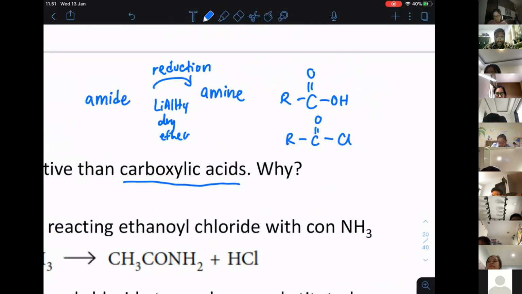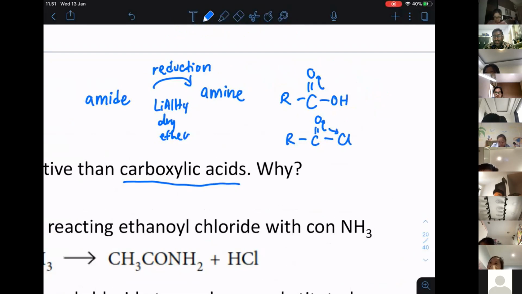Is it because of the electronegativity, the availability of the electrons? Yeah, because I think it is definitely related to that, because we know that the oxygen will also withdraw the electron. But again, when it comes to Cl, it will withdraw the electron this side.